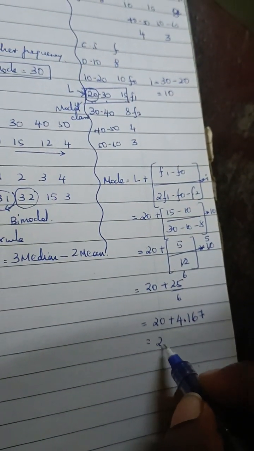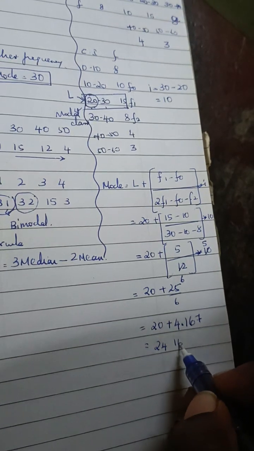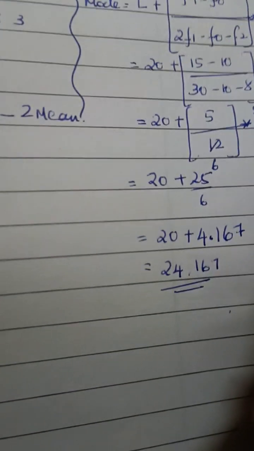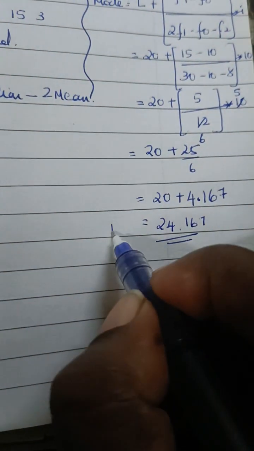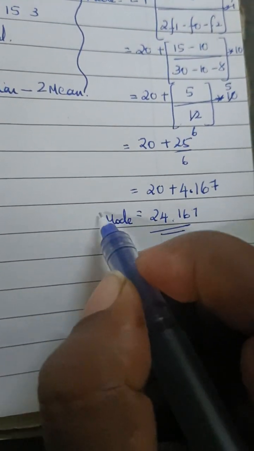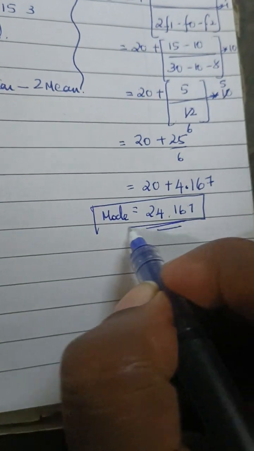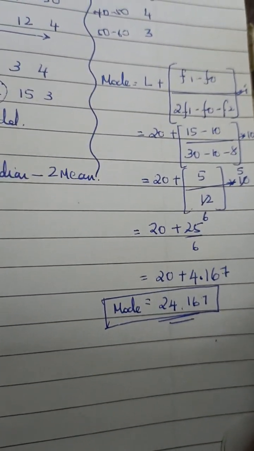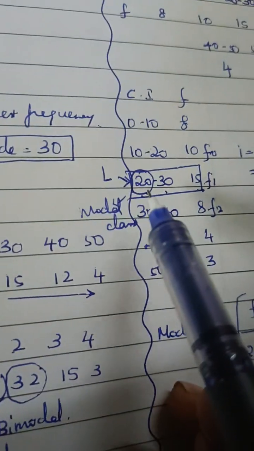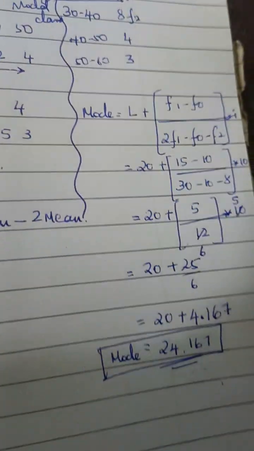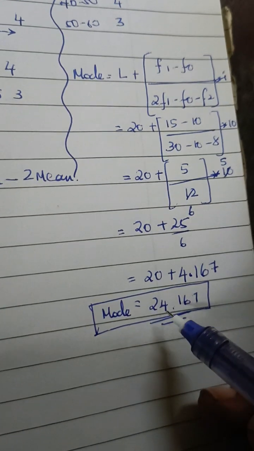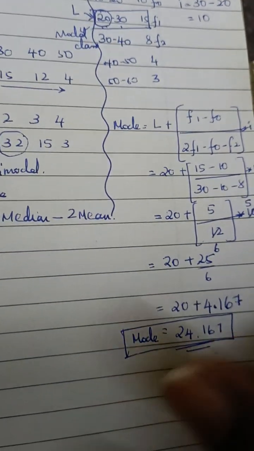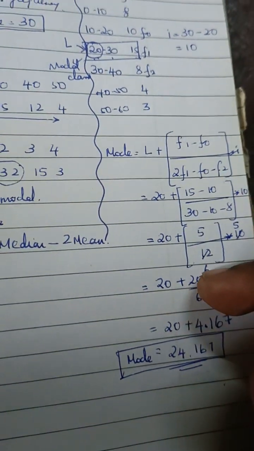So the answer is 24.167. I can be wrong because I'm not very good at mental maths; I tend to make mistakes when dividing sometimes. So here this is the answer. If you notice, the modal class is 20 to 30, and the answer is somewhere in between 20 and 30, that is 24. So this is the method for continuous.